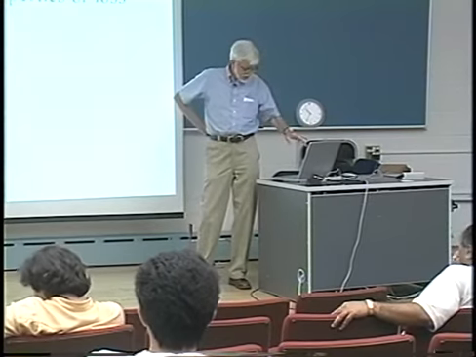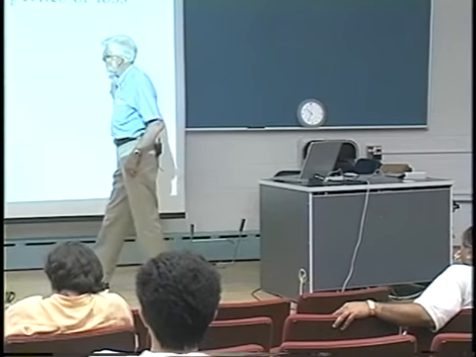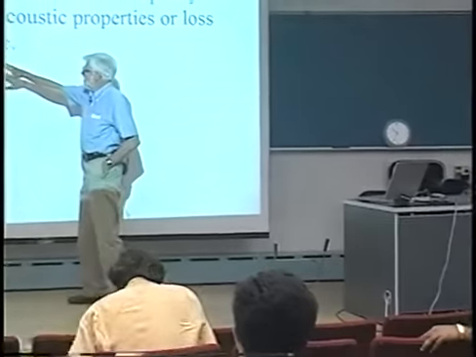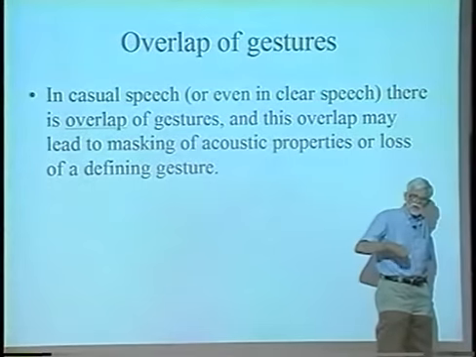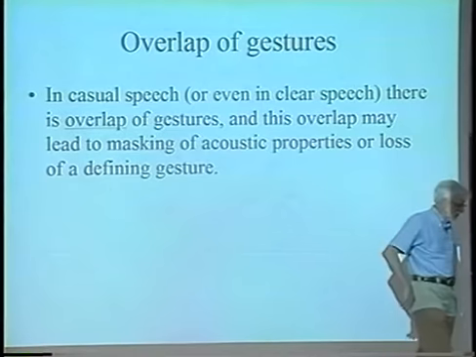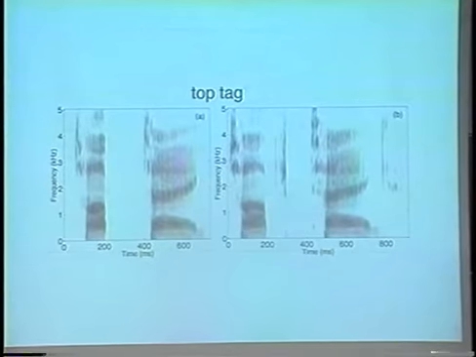In fact, as we'll see, this defining gesture that we've talked about earlier, we used that term, may get obliterated altogether, and all you're left with is the enhancing gestures in some cases, okay. So it's just a few examples which are well known to you.